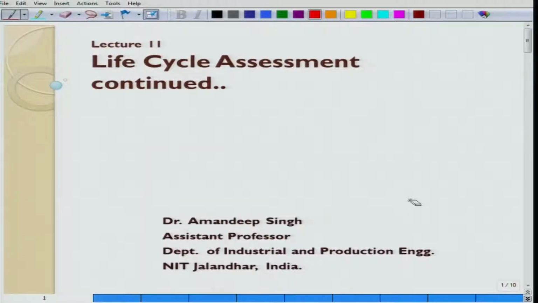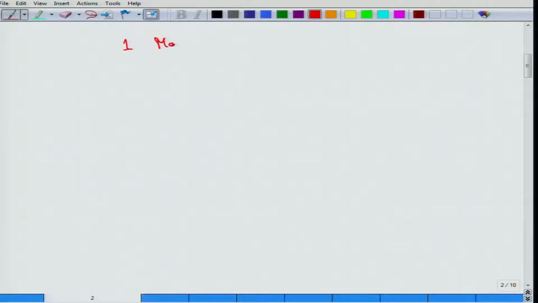I'll start with an example here. So, in this session I'll cover materials flow, and we'll then discuss what are the benefits of LCA, or what is your takeaway from learning life cycle assessment.